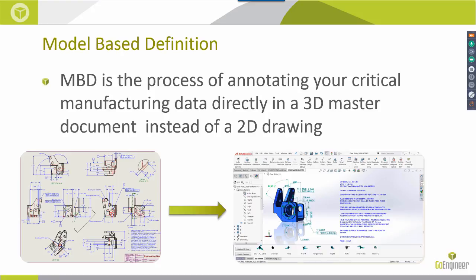The philosophy of model-based definition is that we're trying to gain efficiency by reducing the amount of information we have to convey via vehicles like a 2D drawing or even a PDF of a 2D drawing.